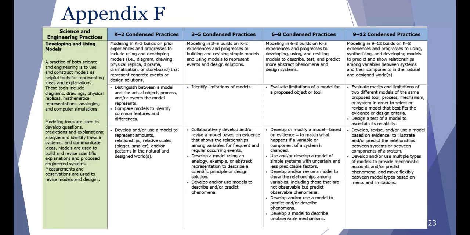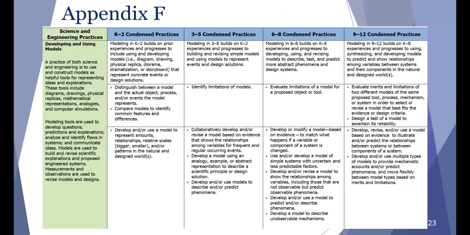If you want to see how students progress through the practice of modeling from K through 2 to high school, you can see all of the different elements there. Notice that you don't use every element in every standard. So if you look there at the 3 through 5, the second bullet down there below in that last row is the one that's focused on in that particular standard.